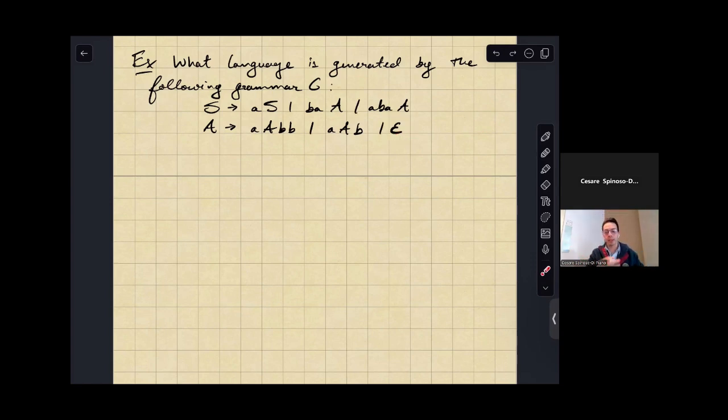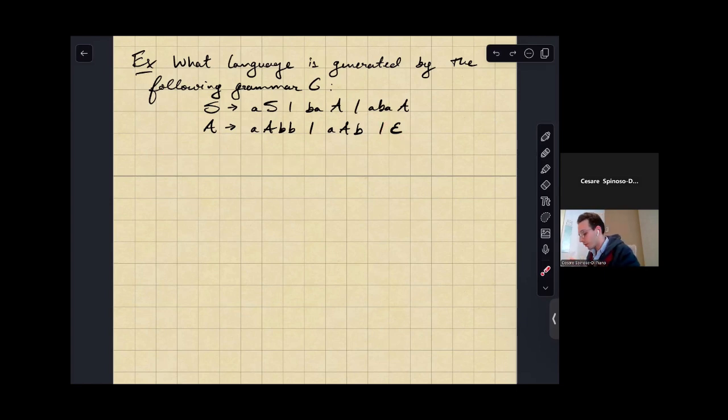So I have to see what the general process is to get from S to A and then from A generating epsilon, because that's really the only way I'm going to be able to generate strings of just terminals in this grammar. So I want to see what strings are generated along the way from S going to A and then finishing my production with this epsilon.